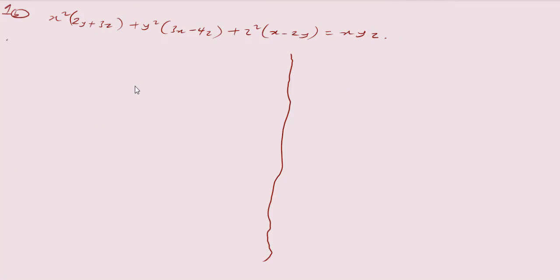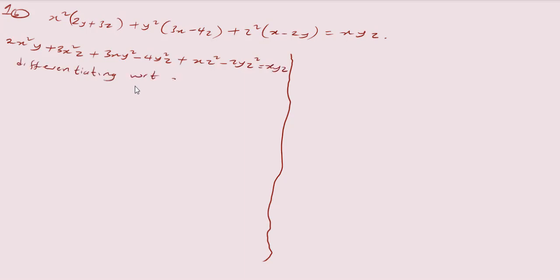I have 2x squared y plus 3x squared z plus 3xy squared minus 4y squared z plus xz squared minus 2yz squared to be equal to xyz.